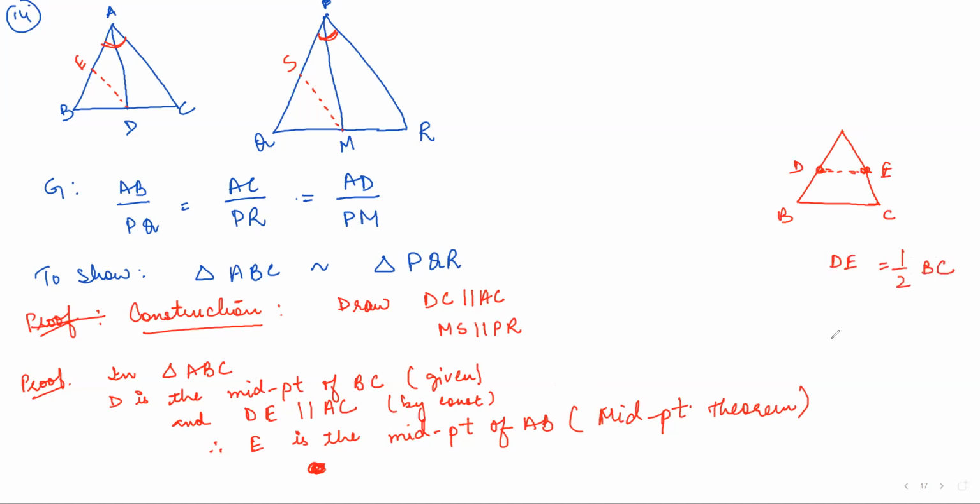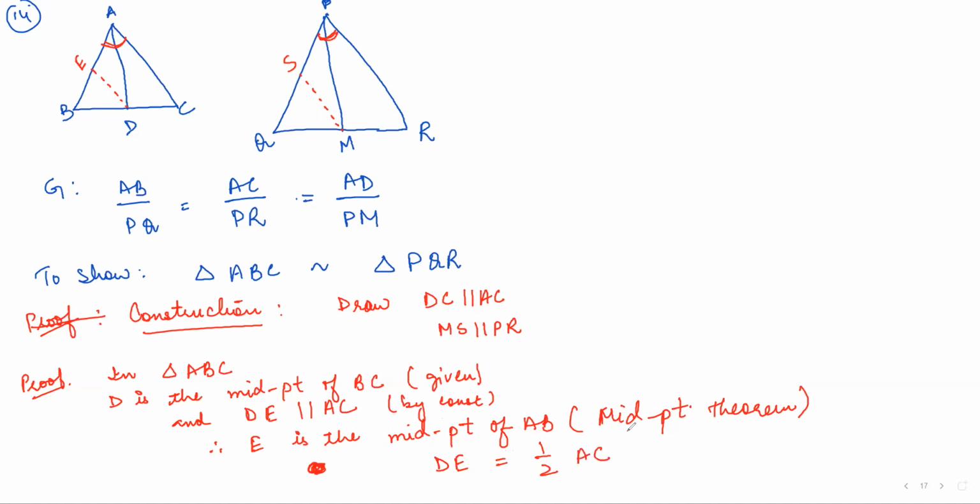This theorem you also studied in class 9th. So you can write that DE is half of AC. So can you see in the figure, DE is half of AC?